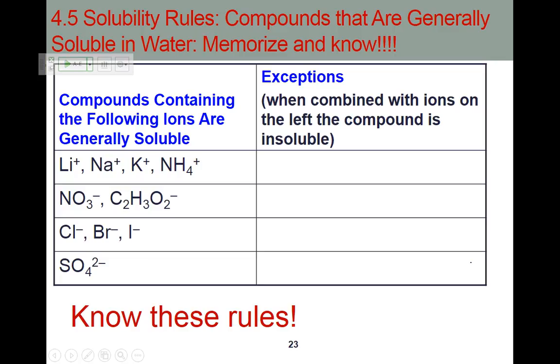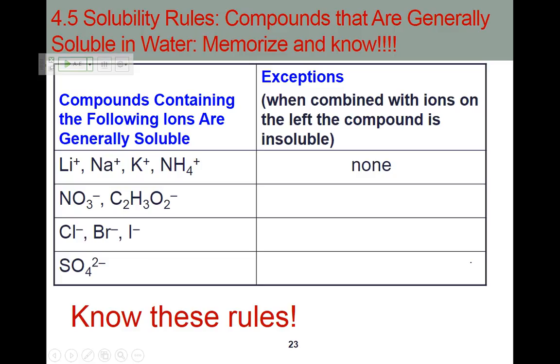So here are our solubility rules. You must know these. Compounds that contain these ions are generally soluble, with exceptions. So let's go through this. Typically, lithium, sodium, and potassium, that's all our +1 ions in the first column of the periodic table, and NH4+, are pretty much soluble no matter what they are interacting with.